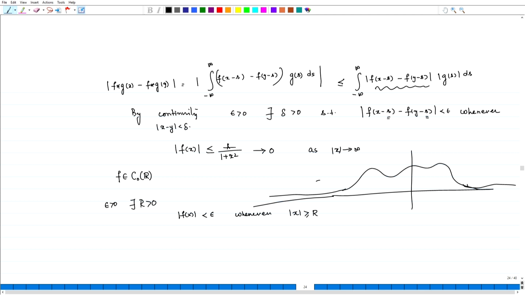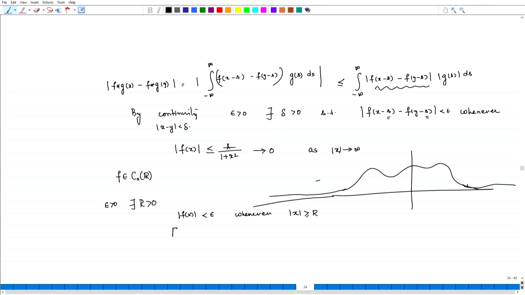Outside minus r to r, it is less than epsilon. So, we do not need to bother about the tail part of the function, that itself is giving the uniform continuity. And now, we are left with minus r to r, and this is a compact set.